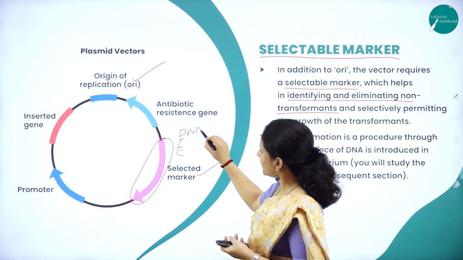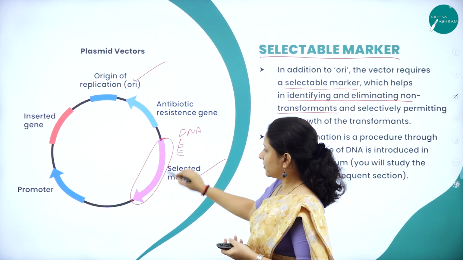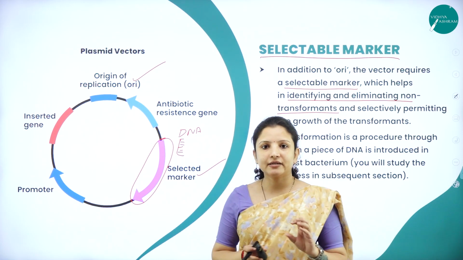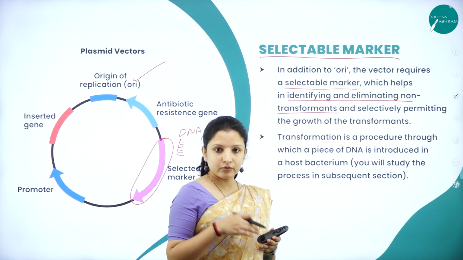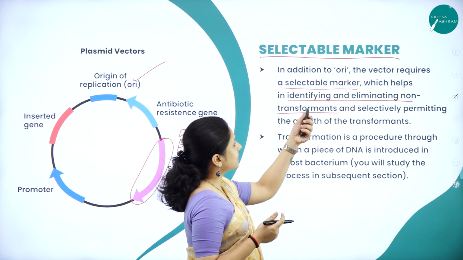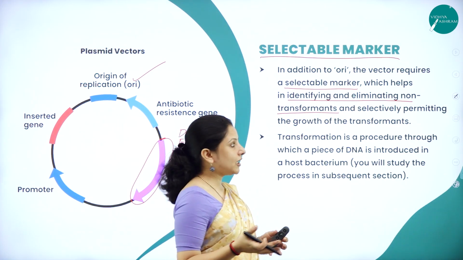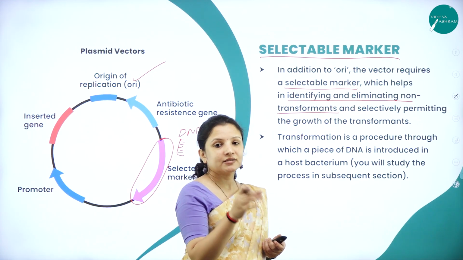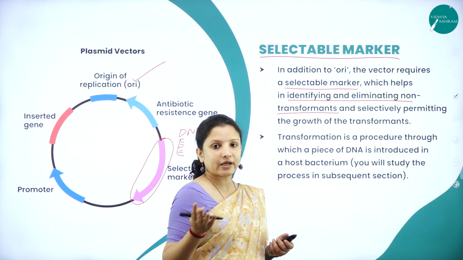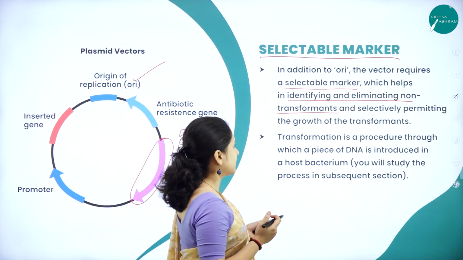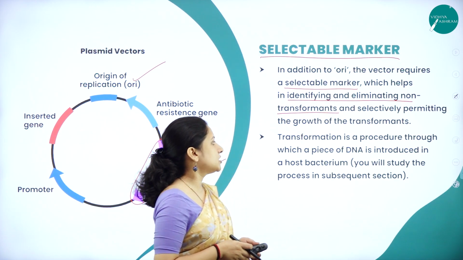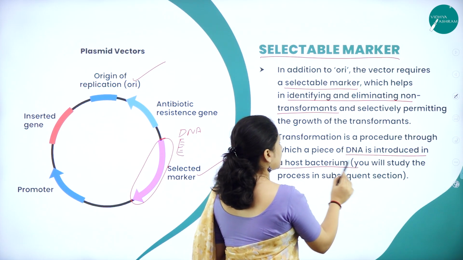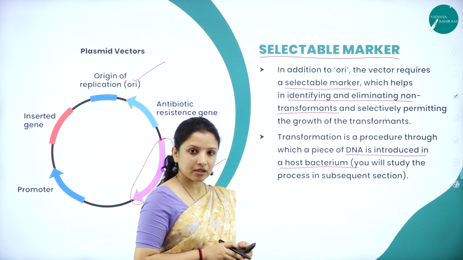So the DNA strand which acts as a selectable marker will be added there, and then it will be checked whether there are any non-transformants. If there are any non-transformants, such vectors can be eliminated and only the good vectors can be used for further experimental studies. Transformation is a procedure through which a piece of DNA is introduced into the host bacterium. That we will study in the coming slides.